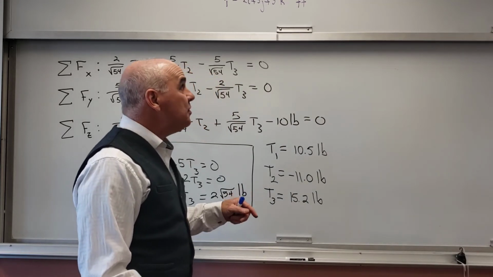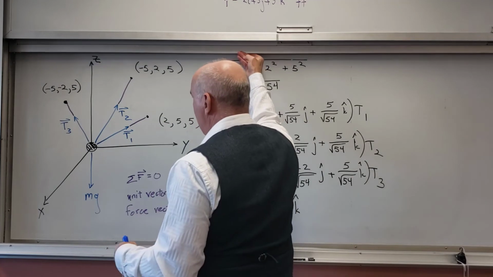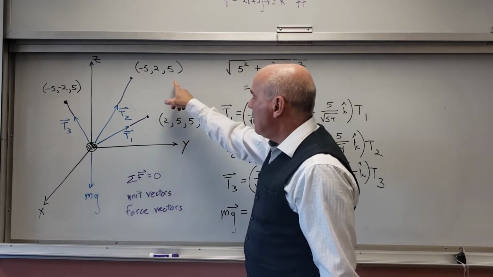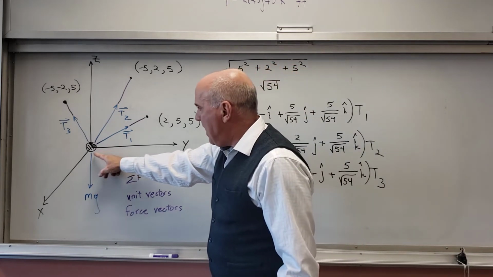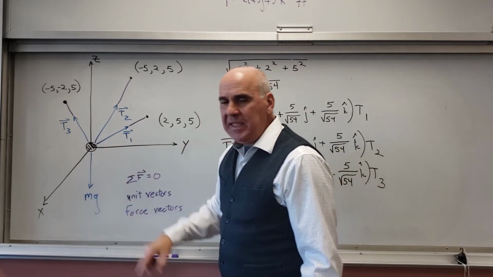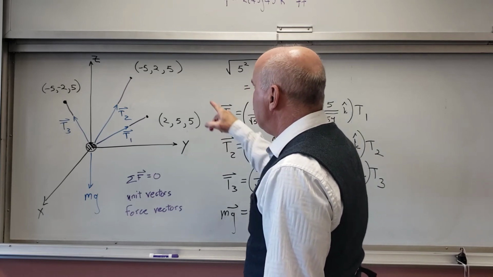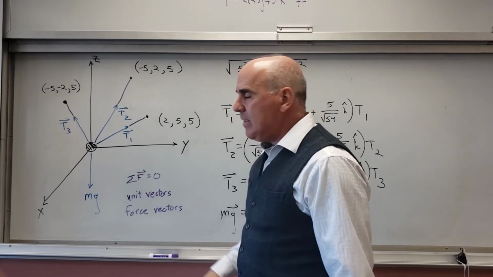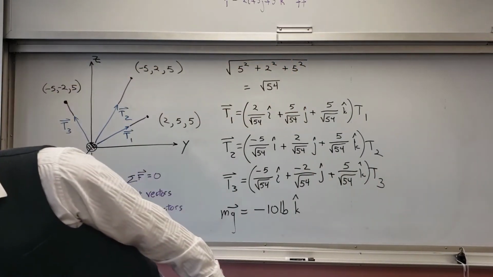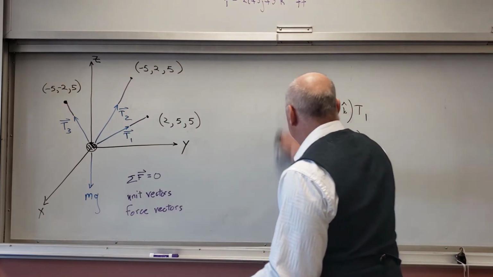So what I need to do is, let's go back to the 3D drawing here. I want to look at these 3 points, right? My mass is sitting at the origin of my system. But if I look at these 3 points in the XY plane, let's do that and see what's going on.